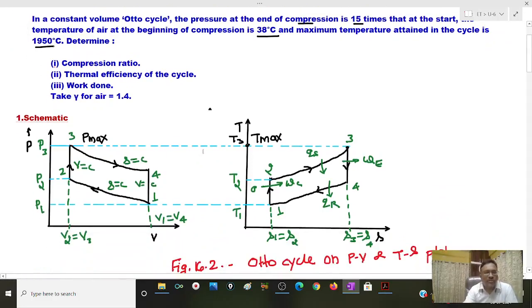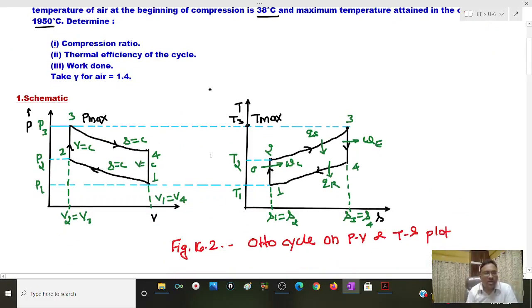As shown in the figure, you can see the Otto cycle on PV as well as TS plot. In both these plots, process 1 to 2 is isentropic compression, 2 to 3 is constant volume heat supplied, 3 to 4 is isentropic expansion, and 4 to 1 is constant volume heat rejection.